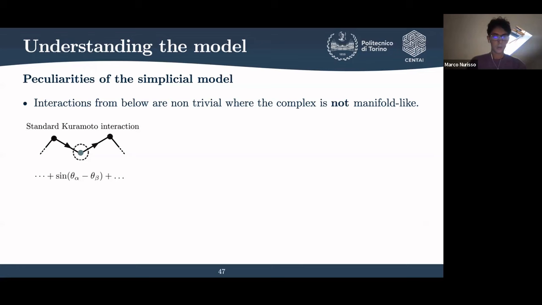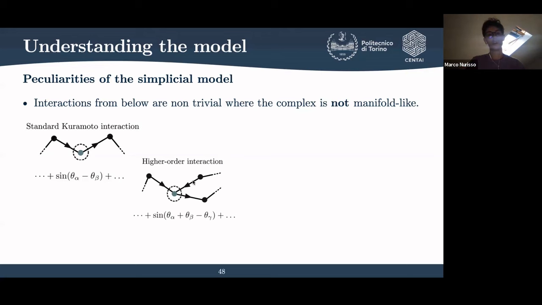For example, what you see is that, at least for the case of phases or oscillators on the edges, interactions which occur at nodes which are manifold-like, so they belong to exactly two edges, are exactly the same as standard Kuramoto interactions, because the term that you get in your equation, if you remember the equation I showed you at the beginning, is just the difference of the phases of the two edges. But at the points which are non-manifold-like is where the model starts becoming interesting.